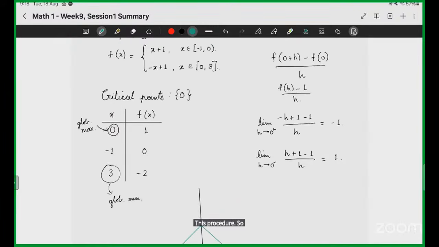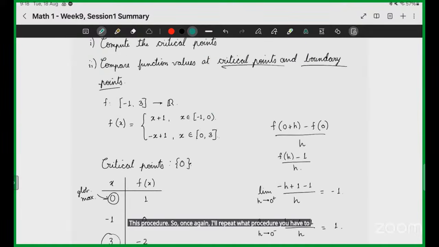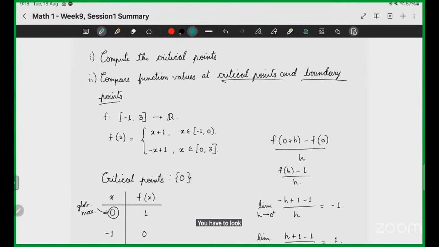So once again, I'll repeat what procedure you have to do. You have to look at critical points in the interior. Once again, what does critical point mean? Points at which the derivative vanishes if it exists, or if it does not exist, you just consider that a critical point.